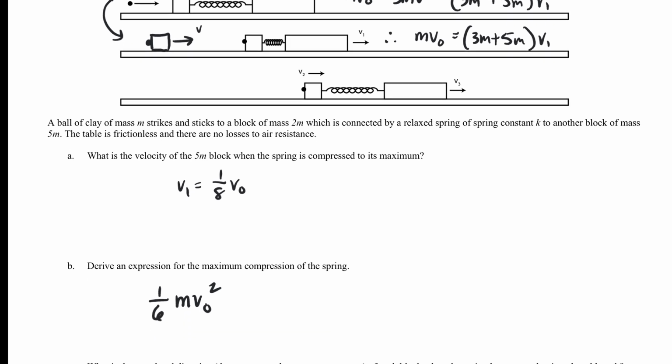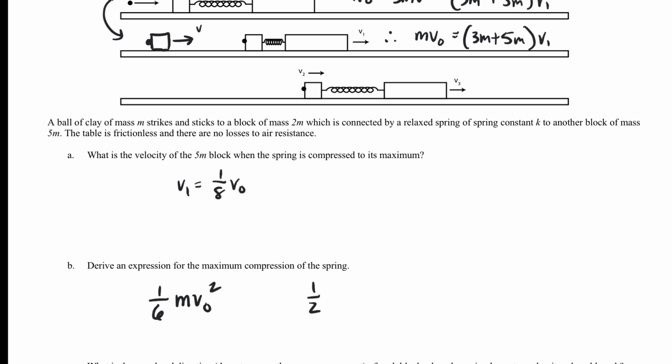Well, that will be 1/2 times their mass, 5, 6, 7, 8, times their velocity in terms of V0. Right? This will be how much energy the two blocks have with the spring connecting them. 1/8 squared is 64.